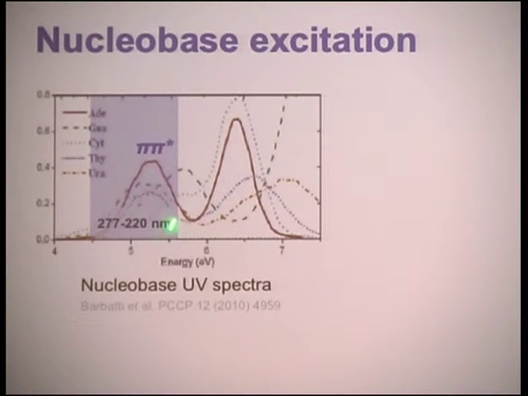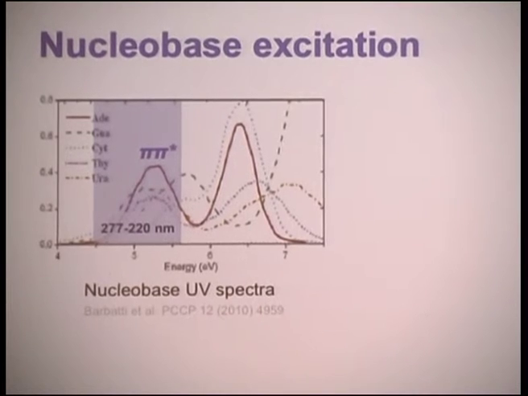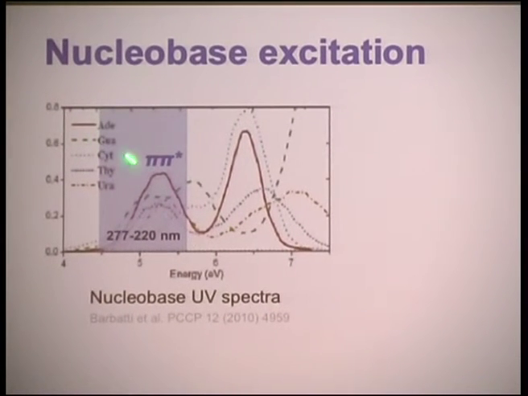You can see that what we're probing in our experiments using the laser is the lowest energy bright electronic excited state of these molecules, which all happen to have a similar character, a so-called pi star character.